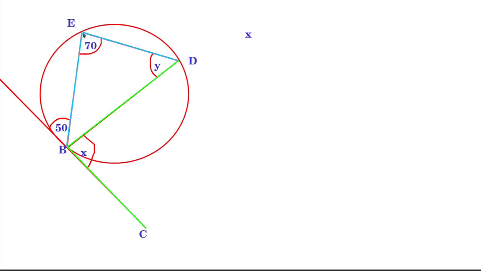Angle E is arising from the chord, so it's being subtended by chord BD. So x is equal to 70 degrees. Reason: tan-chord theorem. And then you get all your marks for that one.